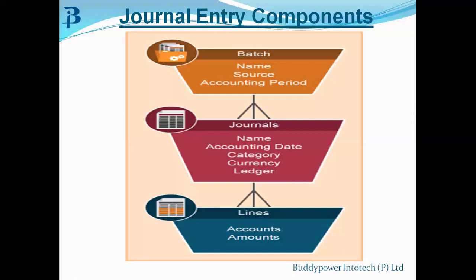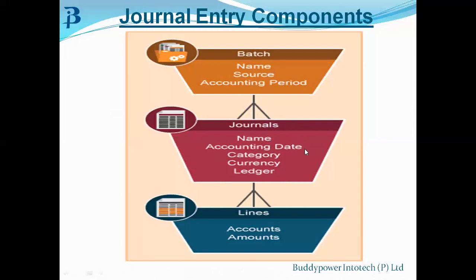Then we have the next component, which is the journal. This requires your ledger name, your journal name, your accounting date, your source, and your category and currency.